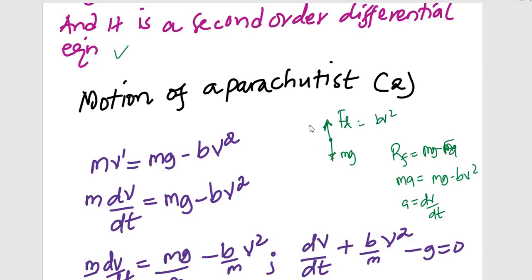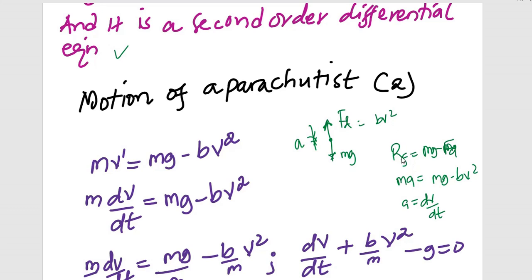If the acceleration is vertically downwards, then the resultant force is equal to mg minus Fd. Fd is the drag force, which is directly proportional to the square of velocity. Therefore b is a constant and v is velocity.